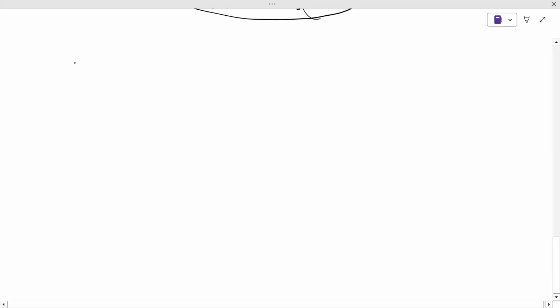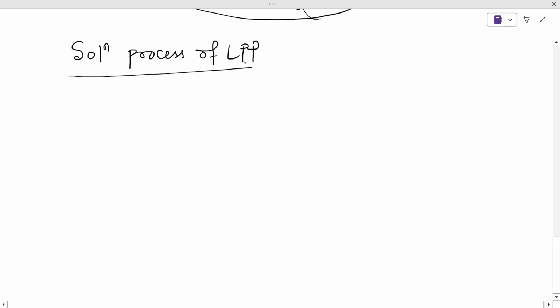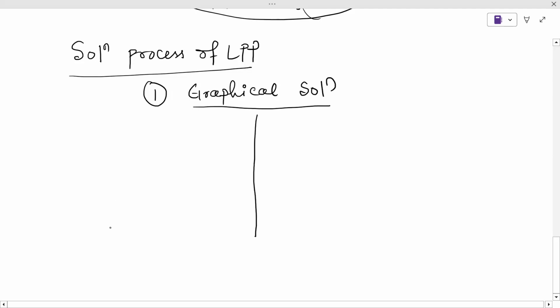Solution process of the linear programming problem: the first method we have to utilize here is the graphical solution.